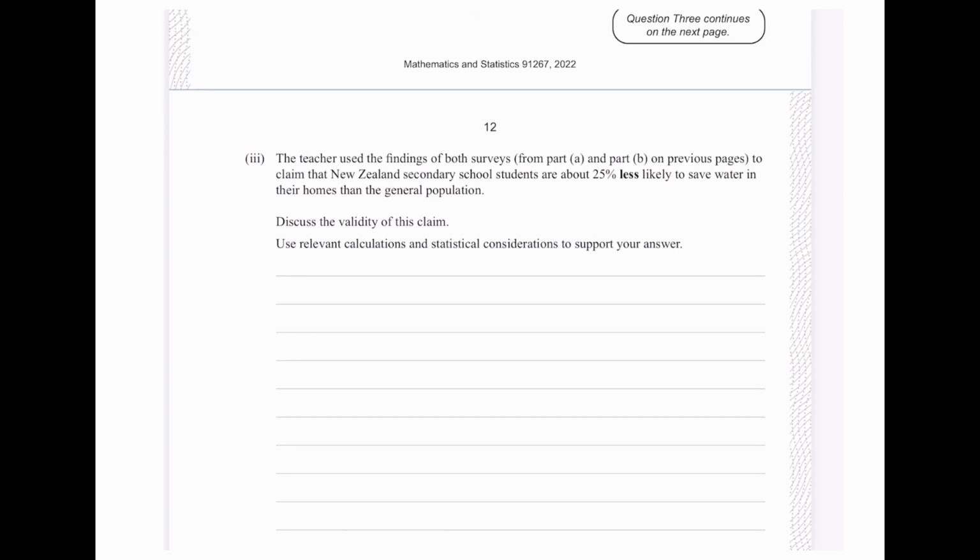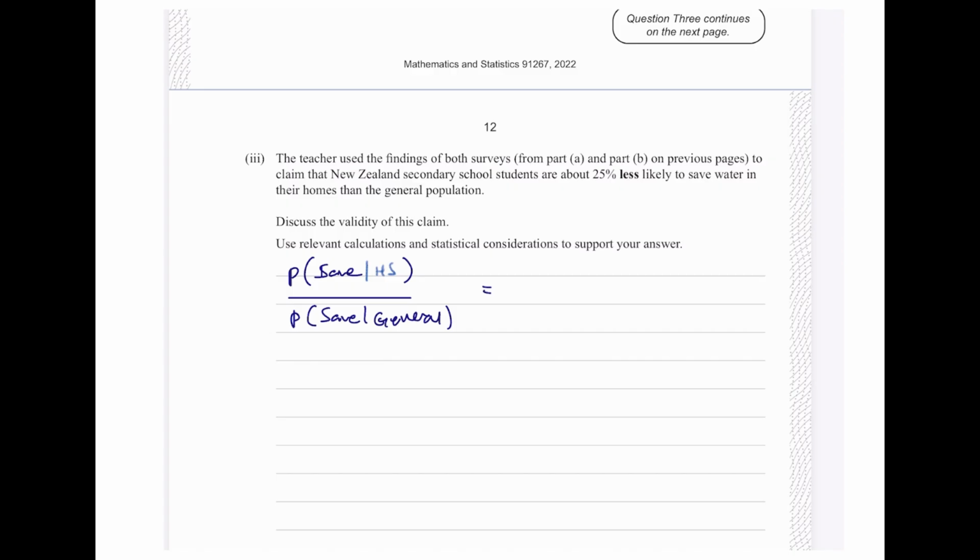Okay. So we have a relative risk here. The probability that, given that we are a high school student, we are going to save water, divided by the probability that, given that we are part of the general population, we're going to save water.